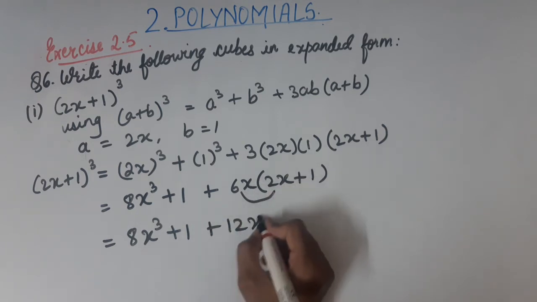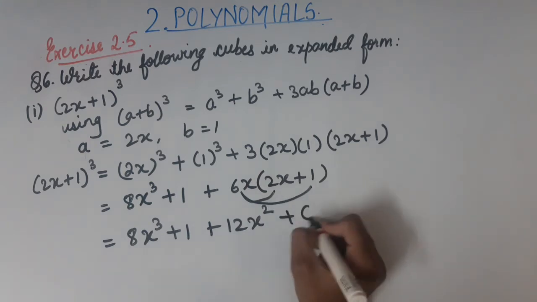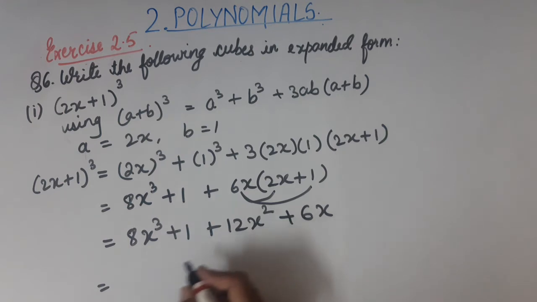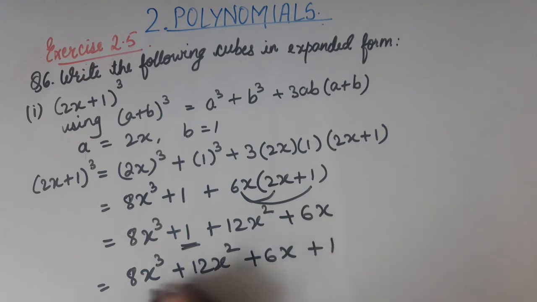X into x is x square. And 6x into 1 we will have 6x. Right? Now write it in the ascending or descending order of the powers. So you will have 8x cube plus 12x square plus 6x and this plus 1. So this is the expanded form of this cube.